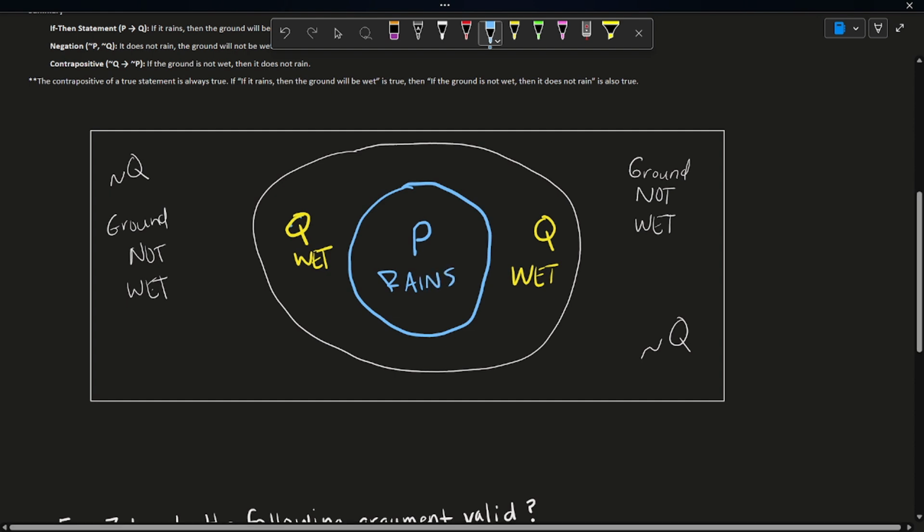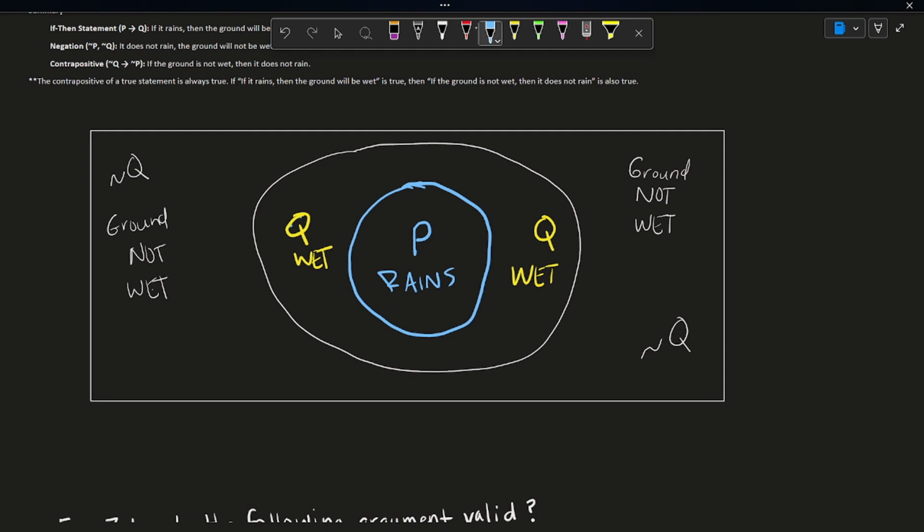It rains. Okay. So if it rains, the ground will be wet.